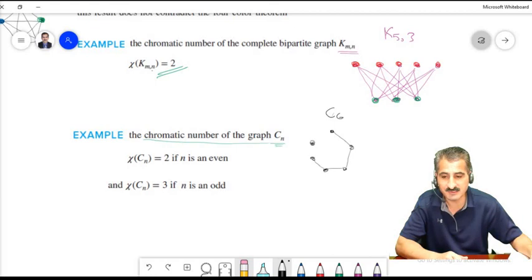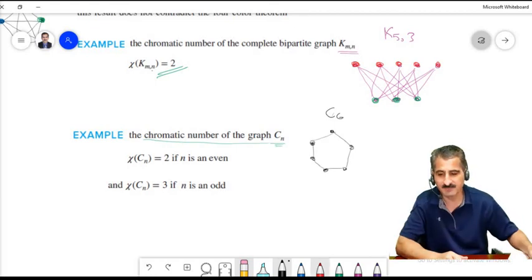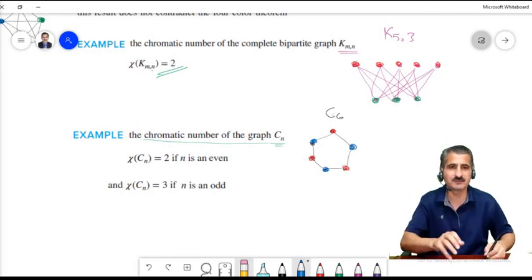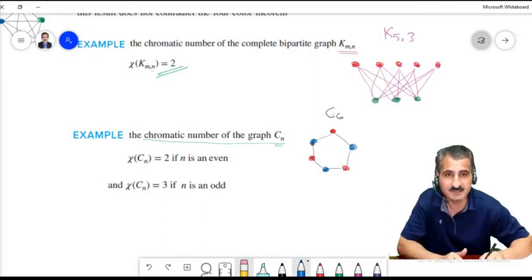This is a circle, remember? Let's try to color them. If we give this one red, we go blue for the next, then red again, blue, then red, and one more time blue. Okay, so we're done. 2 colors were enough for C6.